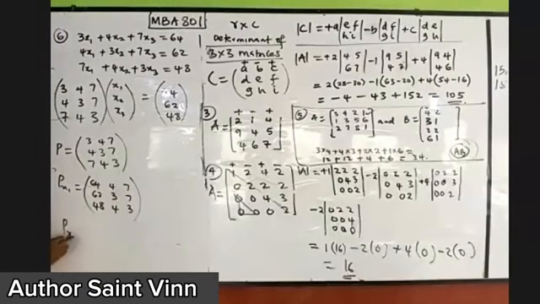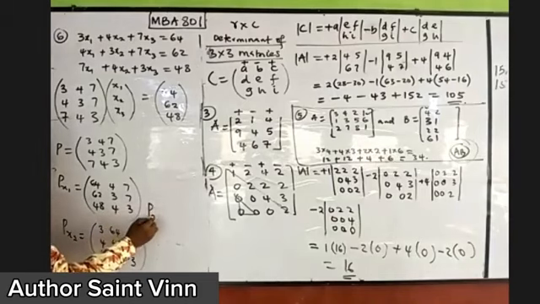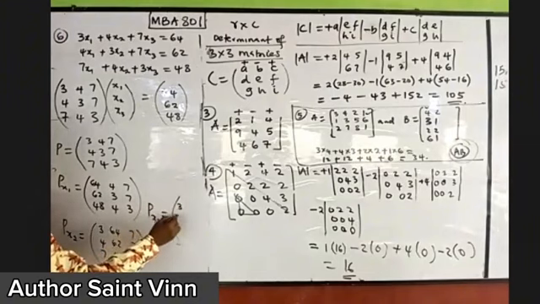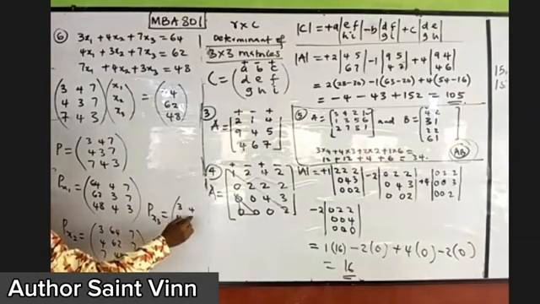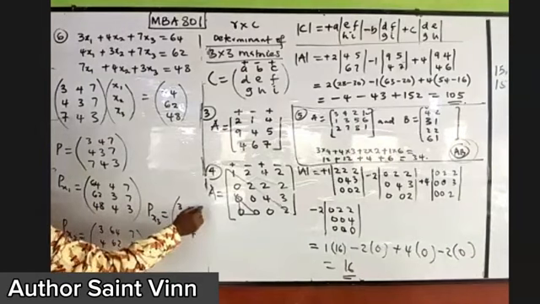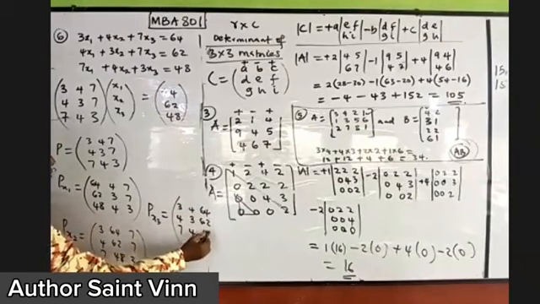For X2, the second column is swapped, and every other column remains constant: 3, 4, 7, 64, 62, 48, 7, 4, 3. For X3, the third column is swapped: 3, 4, 7, 4, 3, 7, then 64, 62, 48.